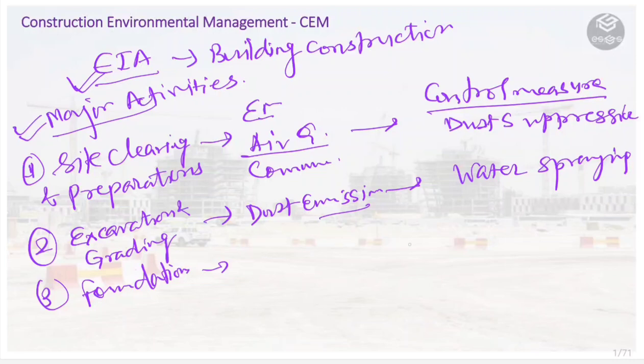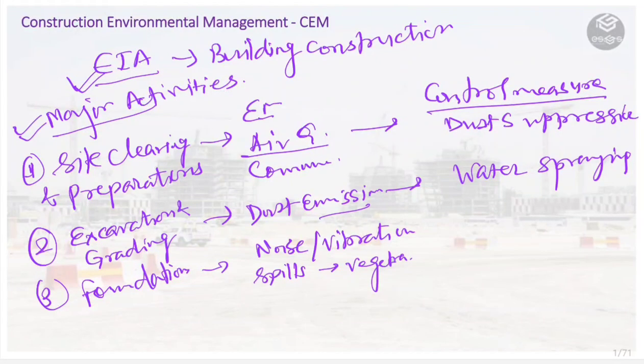So we talked about noise, vibration, spills that can lead to contamination, and soil compaction that may lead to vegetation impacts. Then what can be the controls? We can say use noise barriers, schedule work during off-peak hours, and implement spill containment measures to protect the groundwater.